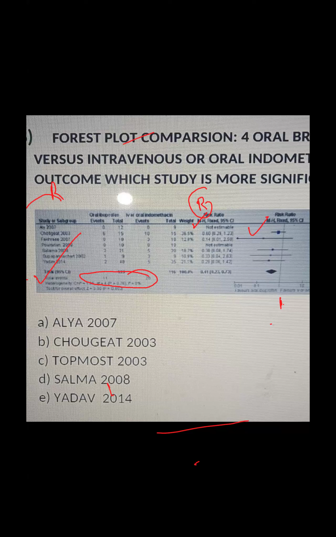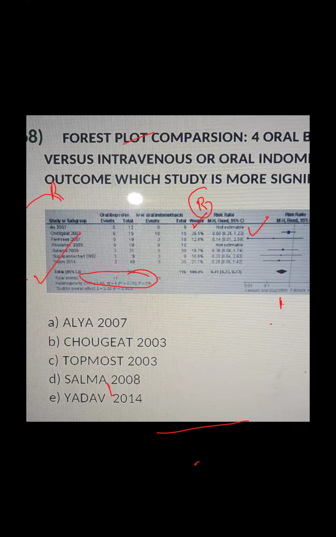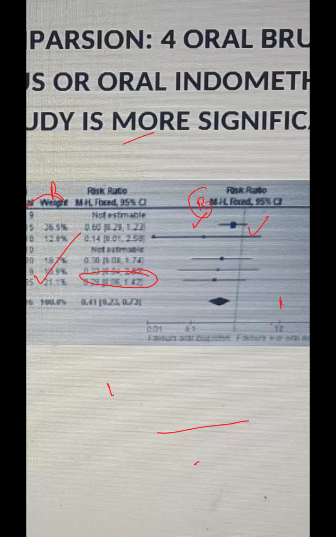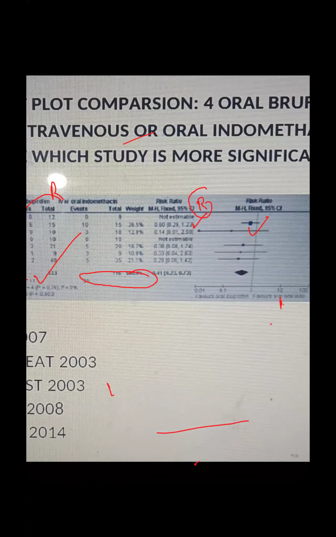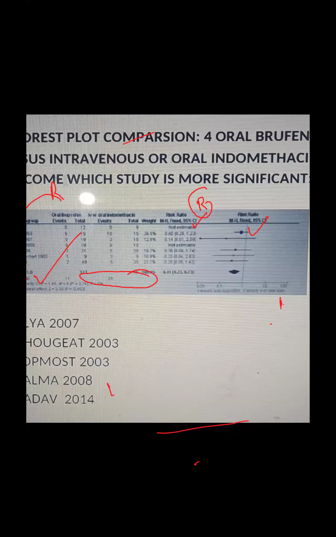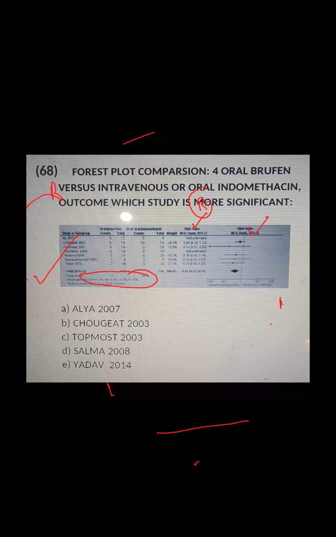Yes, this forest plot is not correct, because the confidence interval range does not contain 1.008, despite crossing the midline. So that is why I am not convinced with this forest plot. Okay. So that's all.